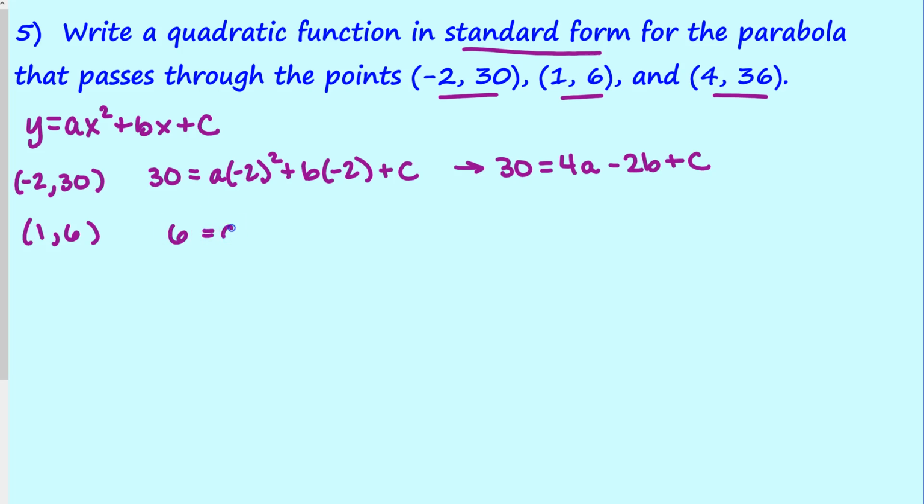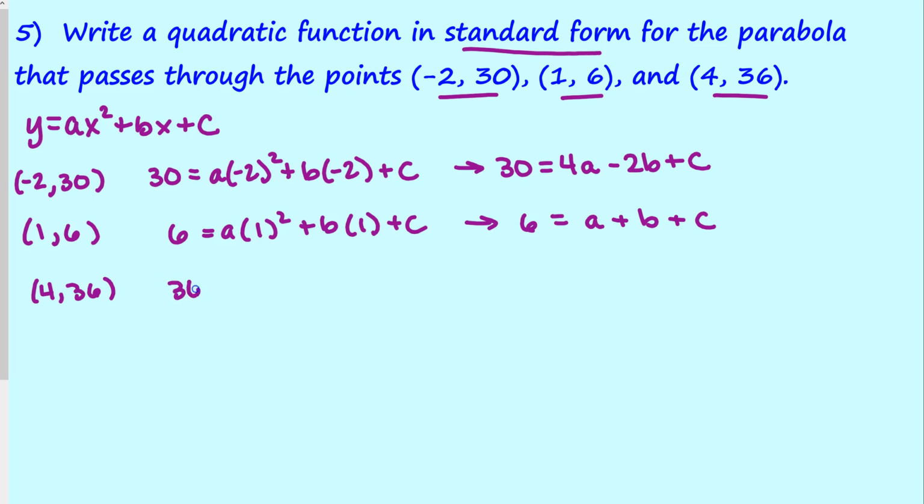So 6 equals a times 1 squared plus b times 1 plus c. So that equation is 6 equals 1a plus 1b plus c. And then the third one is 4, 36. So we have 36 equals a times 4 squared plus b times 4 plus c. And so that equation is 36 equals 16a plus 4b plus c.